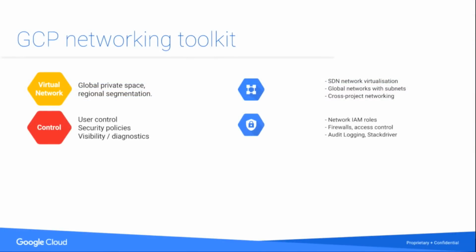From a control perspective, we talked about roles. In the networking space, there's the ability to set network-related roles. We can have, for example, a network administrator that will be responsible for setting up and managing the networks. From a policy perspective, on your infrastructure, there's the ability to create and configure firewalls, which give different levels of access to resources on your network.